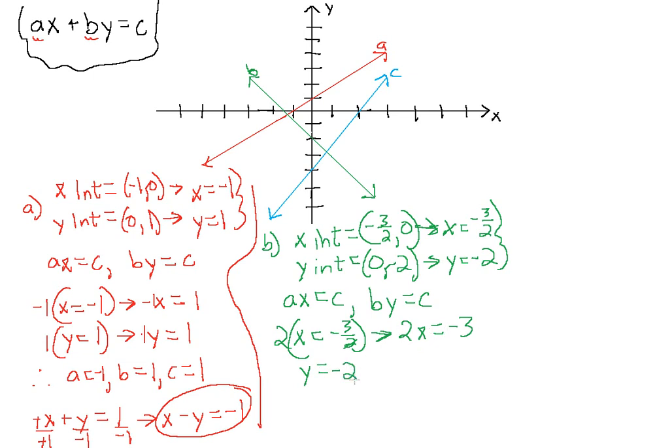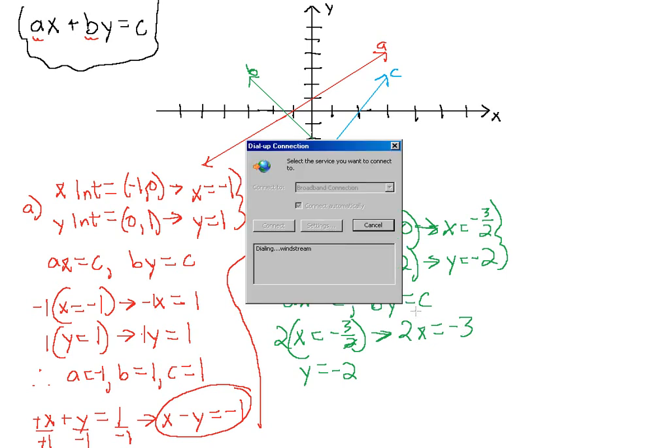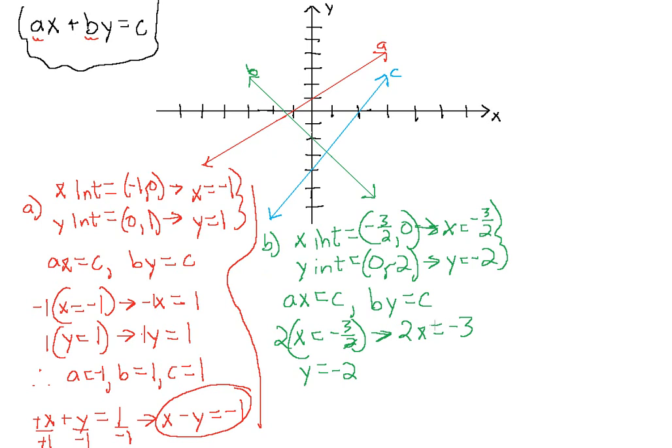So we have two numbers here, and it looks like if we multiply this x equation by 2 again, we'll have a minus 6 for our c term, and if we multiply our y equation by 3, we'll have a minus 6 for our c term. Let's see if that works.